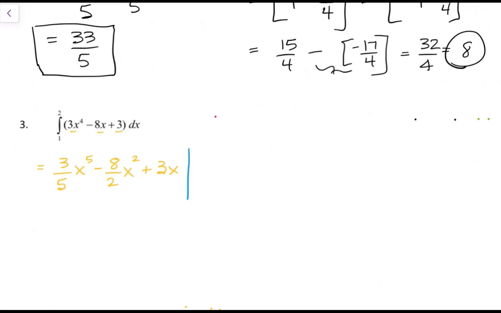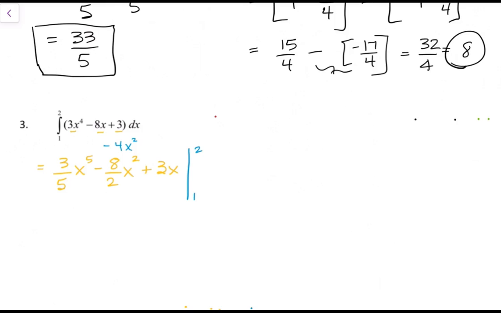And I want to evaluate that from 1 to 2. Now I can clean up this middle term here. I'm going to cheat a little bit and just put that as minus 4x squared. It's the only one where the coefficient needed to be simplified.